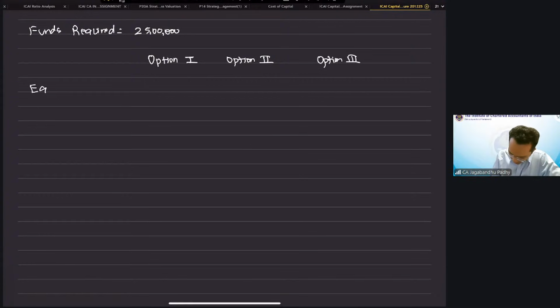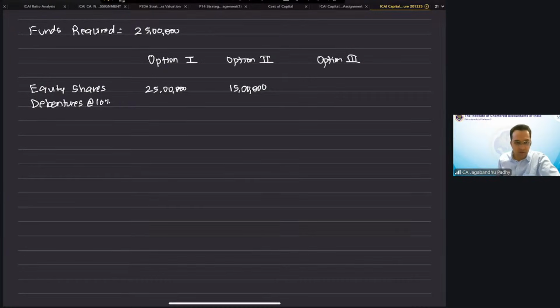We have equity shares, where we can raise the entire 25 lakh by way of equity shares in option 1. The second option is to raise 15 lakh by way of equity shares and debentures, let's say with an interest cost of 10%, issued to the tune of 10 lakhs.